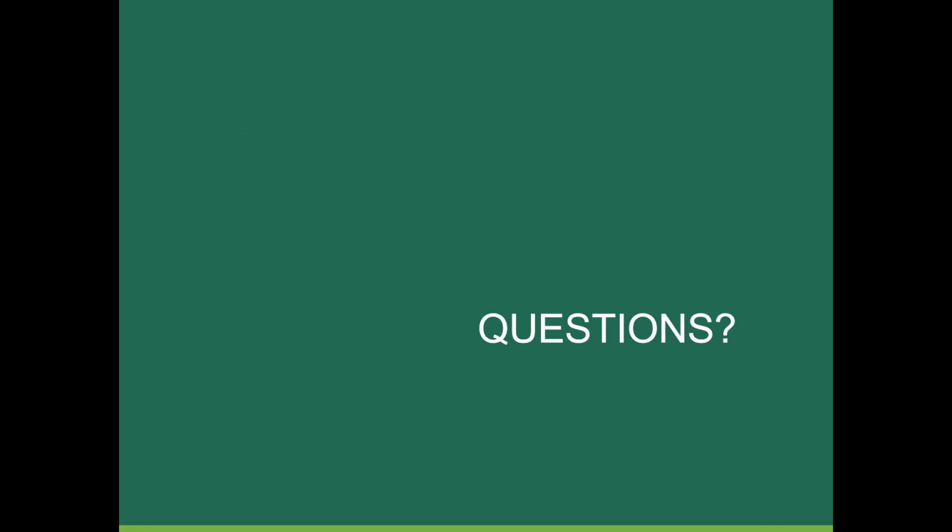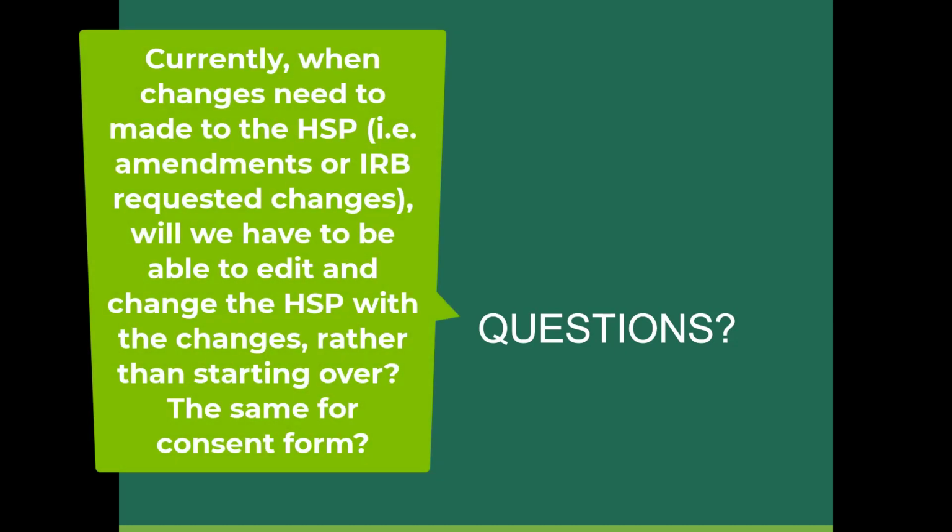Okay. Currently, when changes need to be made to the HSP, with amendments or IRB requested changes, will we be able to edit and change the HSP with the changes rather than starting over? The same for the consent form. In the ePortfolio, you'll be able to edit the contents of it, so you won't have to start completely afresh.